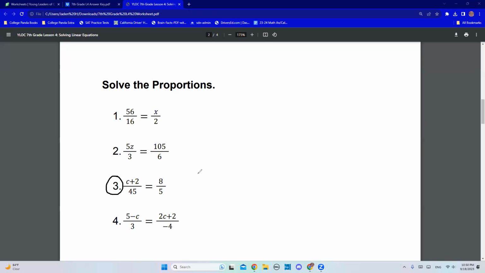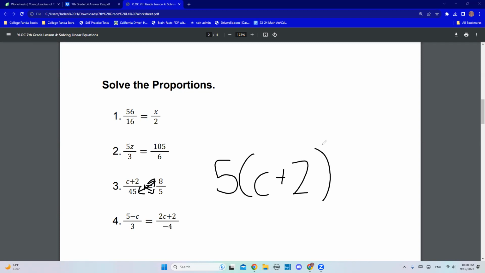So number 3, this one you cross multiply again. So we would do 5 times c plus 2 and 8 times 45. So 5 times c plus 2, and then 45 times 8 is 360. So we can multiply the 5 out.